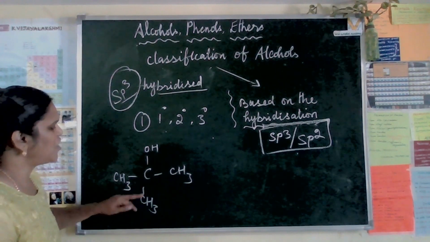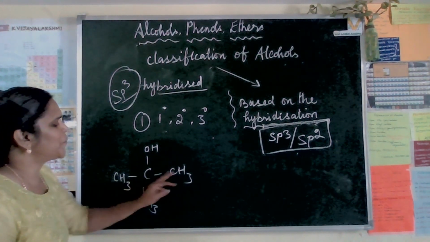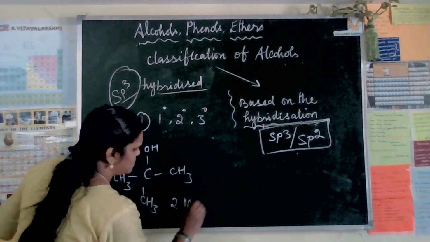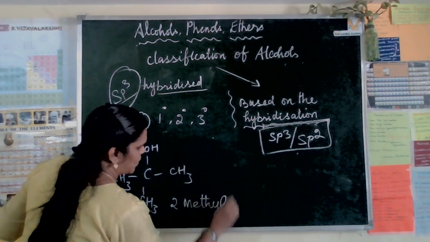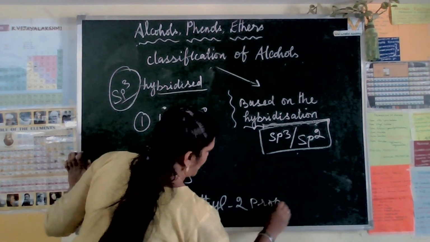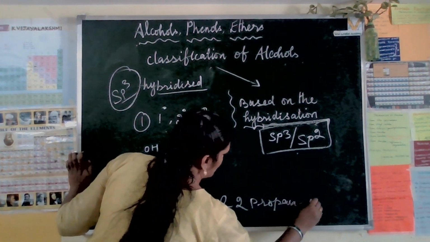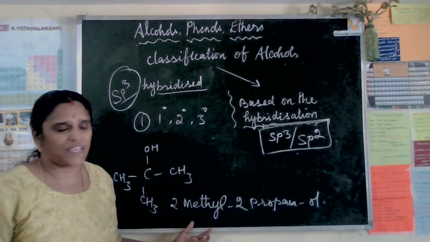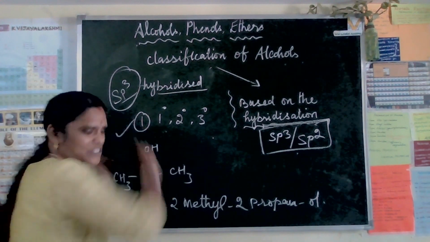So this is called 2-methylpropan-2-ol. In that way we can name it. So primary, secondary, tertiary, it's very easy.